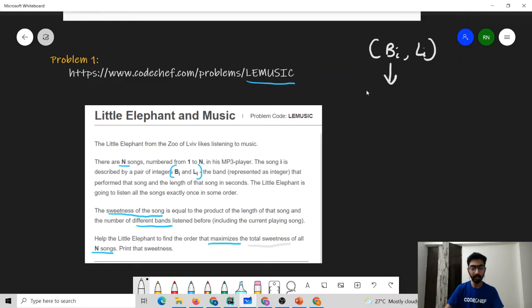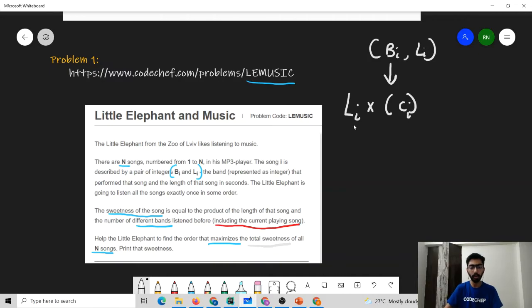What will be the sweetness? It will be the length of this song multiplied by the total number of distinct bands that are played before this. And also note that we need to include the current band also. So we need to find the total number of bands that have been played up to this particular song. Let me call it Ci.